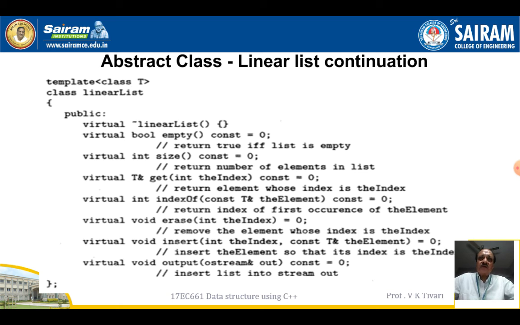Abstract class linear list continuation. The things we have discussed above, we have to write as an abstract class template. Template class T, here we are defining class linear list, and in public we are defining the following functions, like the operations of the linear list, and the above examples are also defined in the template class.